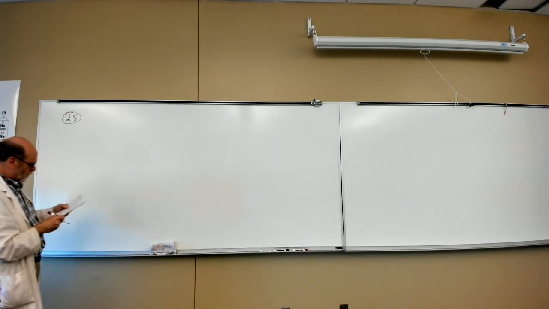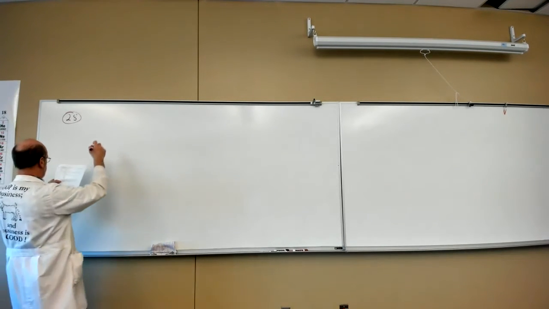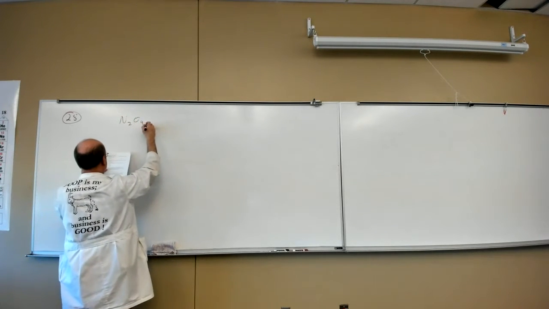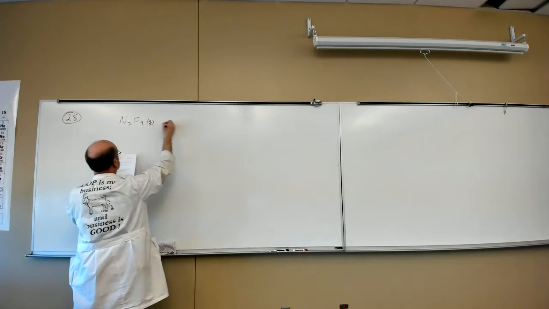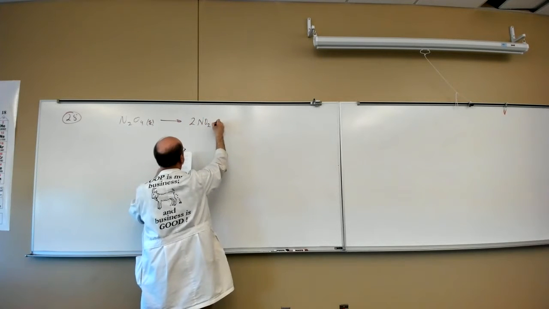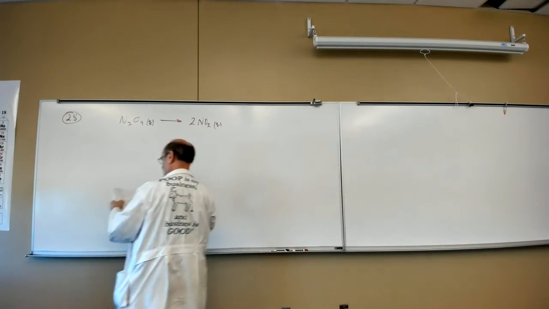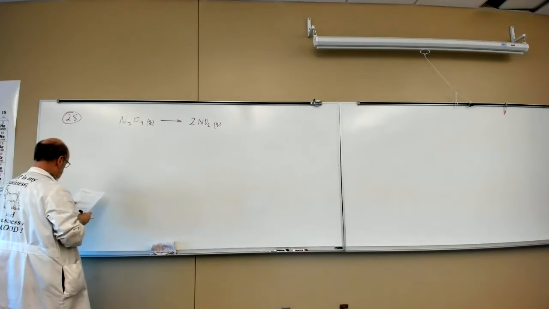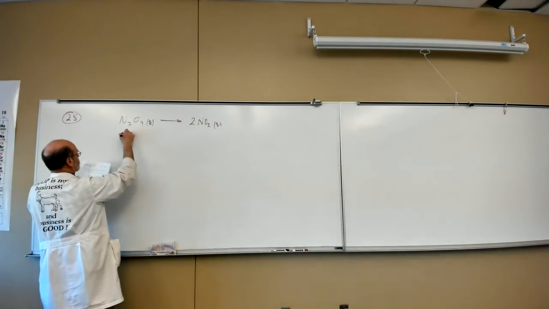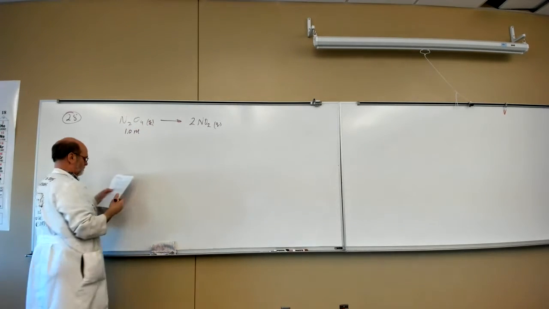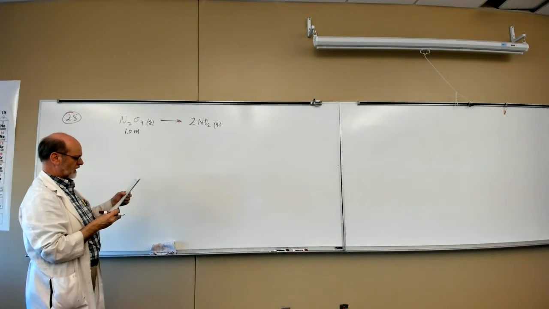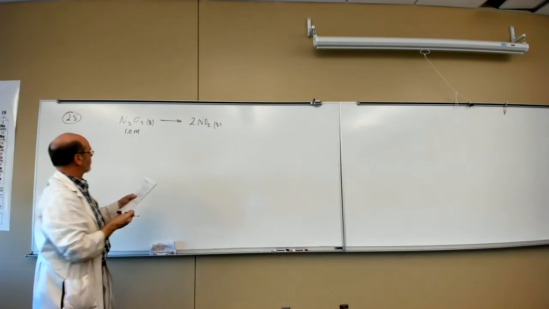One mole of N2O4. Okay, so our equation is this one that we've seen before. And 1 mole of N2O4 is placed in a 1 liter container. So we're starting here with 1 molar. And it's allowed to reach equilibrium.